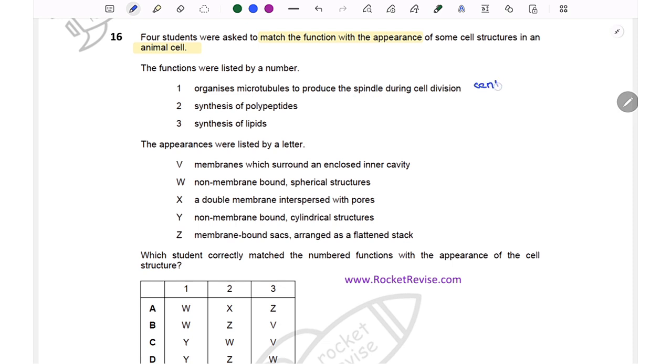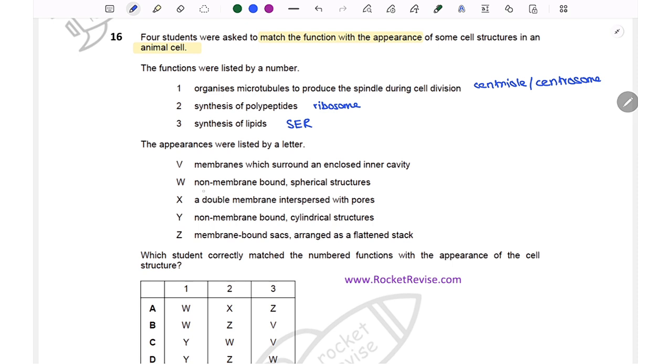That is centriole, or even centrosome you can say, because 2 centrioles make up a centrosome region. Synthesis of polypeptide, that is ribosome, site of protein synthesis. Synthesis of lipid, this is SER. Remember, SER is responsible for the production of lipids and steroids. The appearances were listed by a letter.